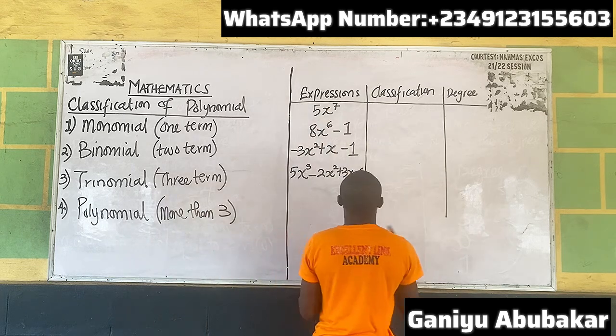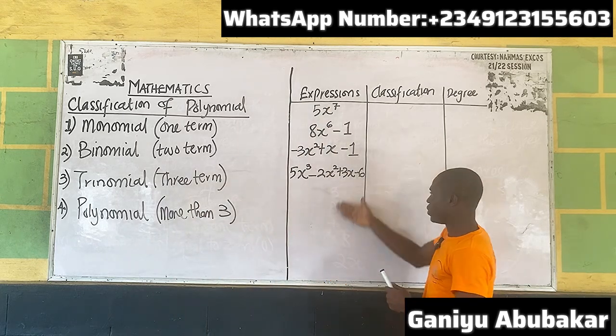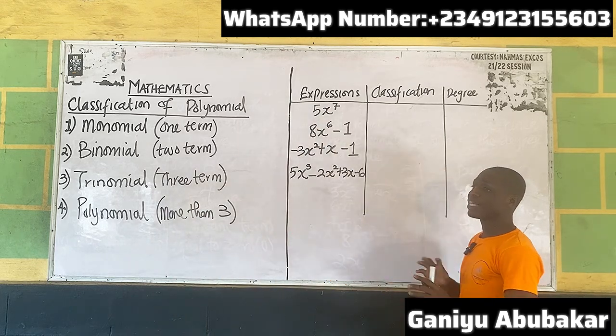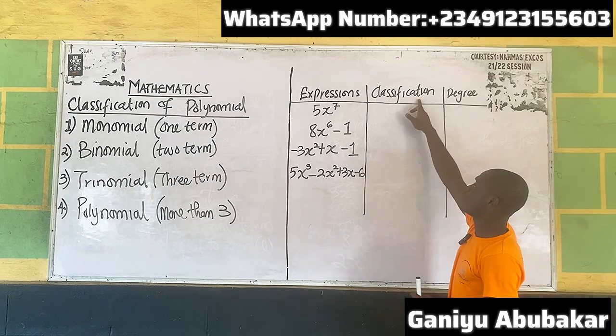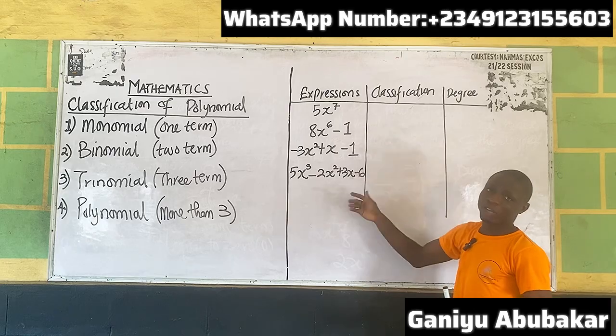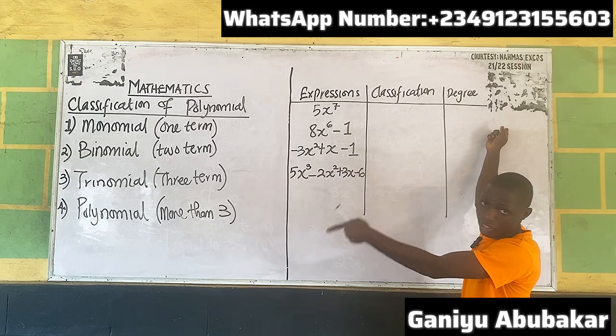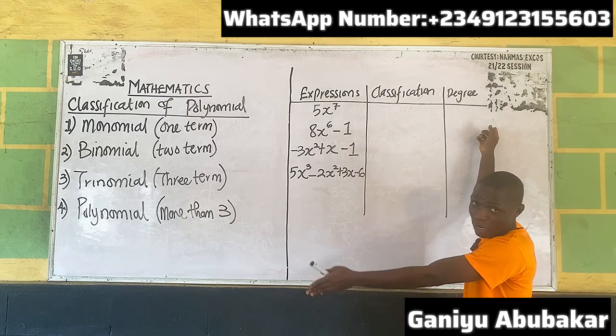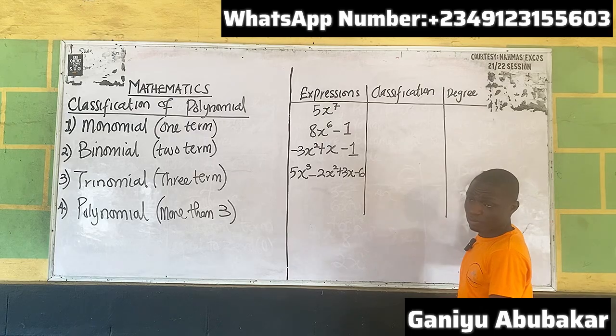Now look at this part here. For these expressions, we are asked to state two things: find the classification of each of them, and also find the degree of each of them. I have done degree for you recently, so don't forget the idea of degree.